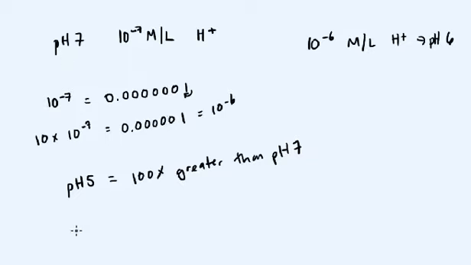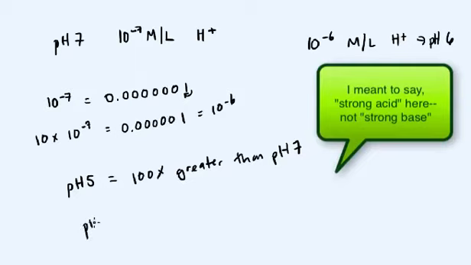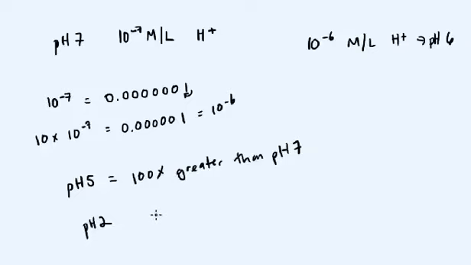Okay, a really strong acid would be something like pH 2, hydrochloric acid. The hydrochloric acid that we'll be using in the laboratory will have pH 2, and it's going to be a very, very low pH. Your stomach acid is roughly at pH 2 because of the high concentration of hydrochloric acid there. Okay, so this would be very acidic.